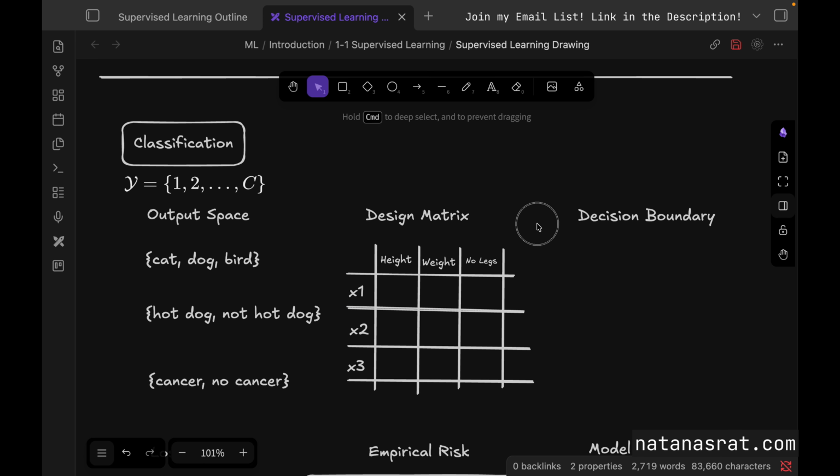So here we have the rows, which is the examples x1, x2, and x3, and for the features, height, weight, and number of legs. So we don't have the output label here, we just have the features. The entries could be, for example, in meters. The weight we can represent in kilograms.